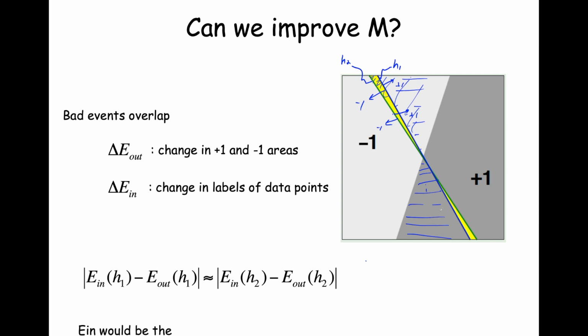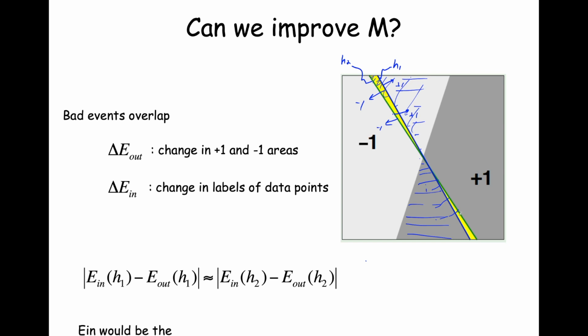Likewise, we have all of the shaded region from the green line going down and to the left. That's also out of sample error with respect to H2 for the dark gray region, plus this sliver.